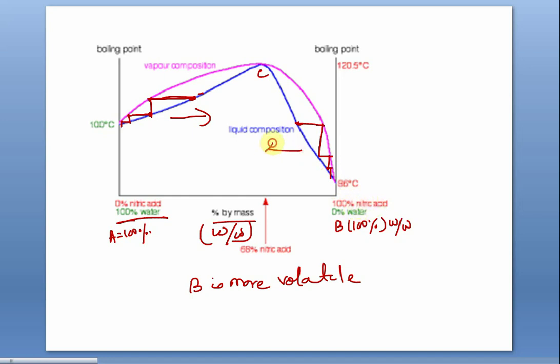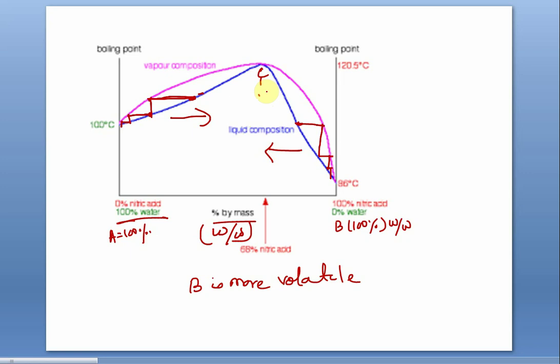On the contrary, the residue will reach point C. The moment the enrichment of the less volatile component comes to 32%, that means 68% nitric acid, no further enrichment of the less volatile component. That 68-32 will remain fixed forever.